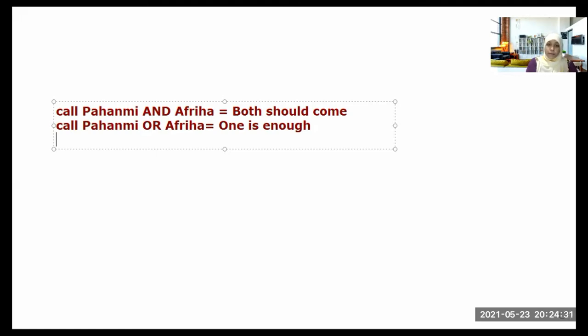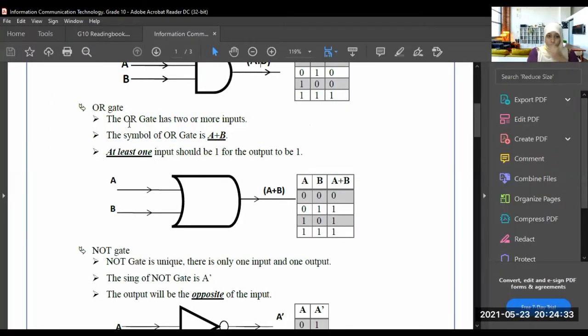So the symbol of the OR gate, right, is plus. Here at least one input should be 1 for the output to be 1. And this is the drawing of the OR gate. It is like a half moon. You can draw it as a half moon also.